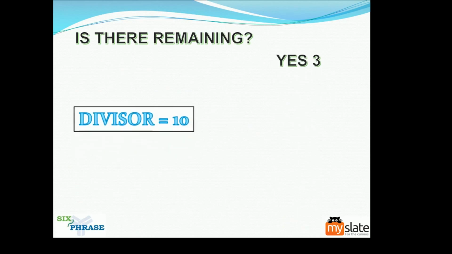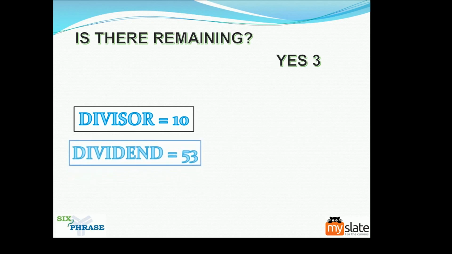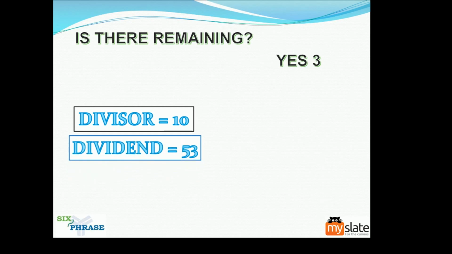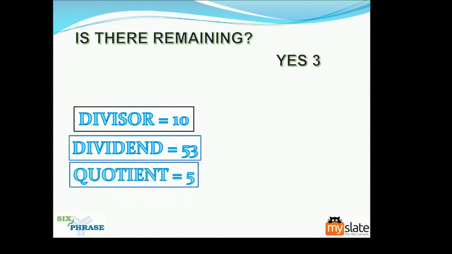Now in this whole thing of 53 chocolates, 10 children, dividing it equally among them, and then the remaining 3 chocolates, all this tells you something. These 10 children are the divisor. The 53 chocolates that you initially had is the dividend. The quotient 5 is the maximum number of chocolates that each child got at the end.